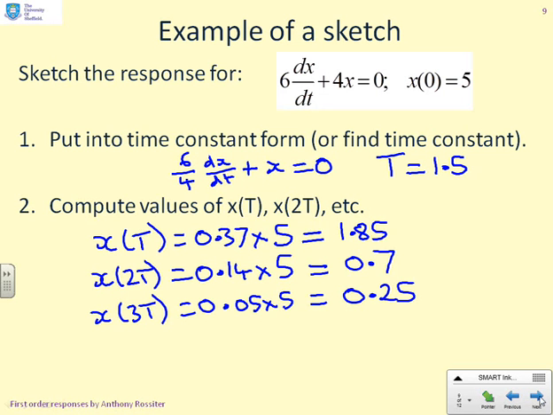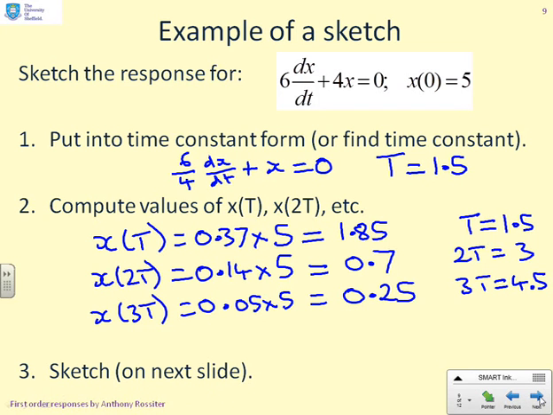Okay, so hopefully you'll see how straightforward that is. And what I'll do now is I'll just clarify the times, because we'll need these. T equals 1.5, 2T equals 3, 3T equals 4.5. I'm going to be using those in a minute.